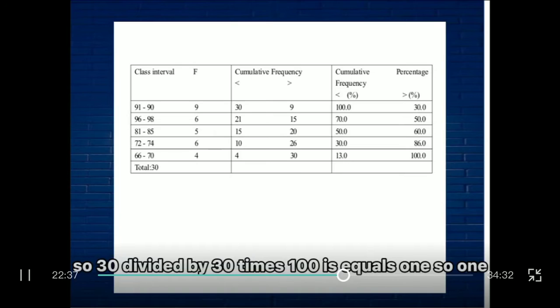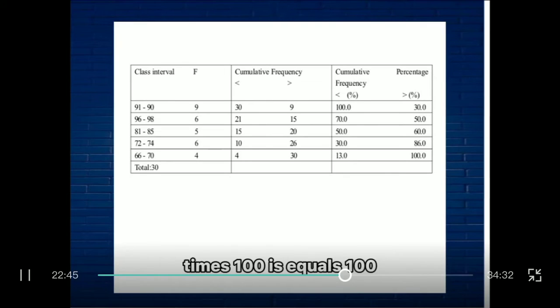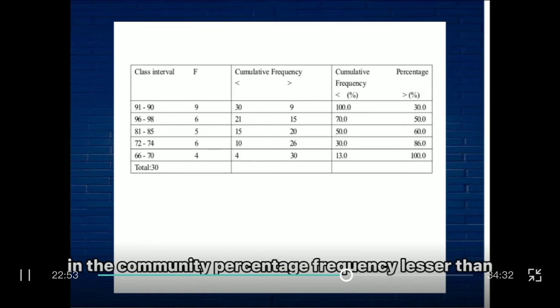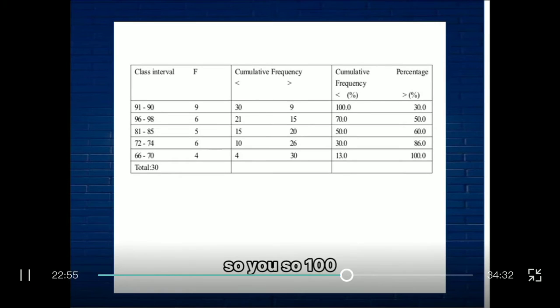So 30 divided by 30 times 100% is equal to 1. So 1 times 100 is equal to 100. So we will put the 100% in the cumulative percentage frequency lesser than.